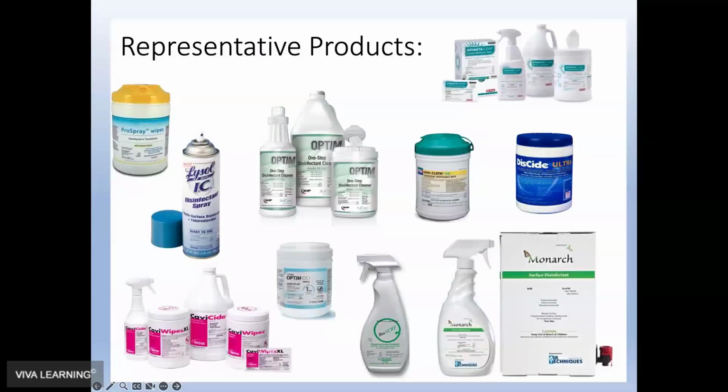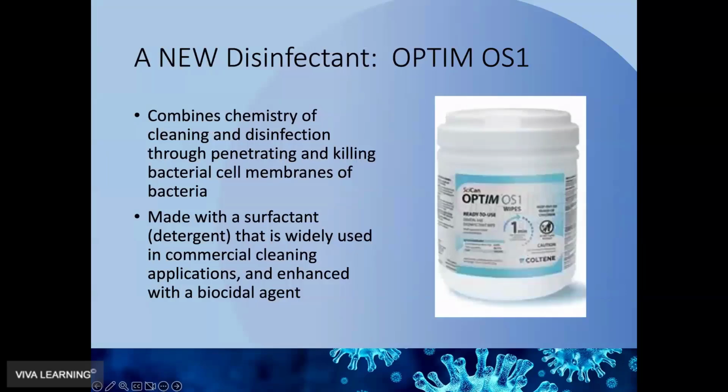And this slide shows a number of representative types of products that are available on the market today in the United States. Other countries have other examples as well. You can see that a lot of these products come in a spray or a wipe or a canister or whatever the case may be. So as you choose them, read the active ingredient and look for all of the things that we talked about on the previous slide.